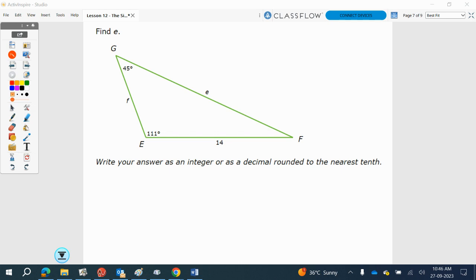And what's our angle? Two ratios. Yeah. Use the 45.